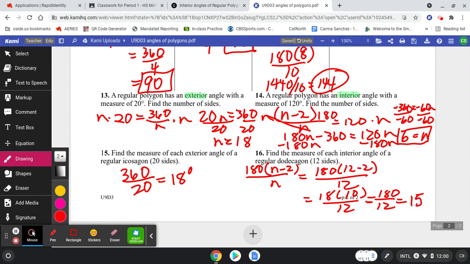And that's 15. Now, if you just did this entire worksheet and you did not pause the video to try any of these on your own, I highly encourage you to practice a couple of these over on the side somewhere, so you can make sure you do know them. Okay?